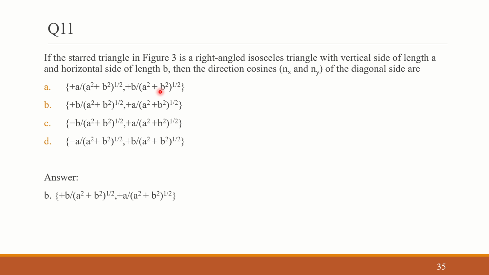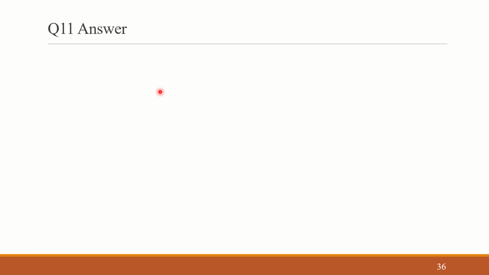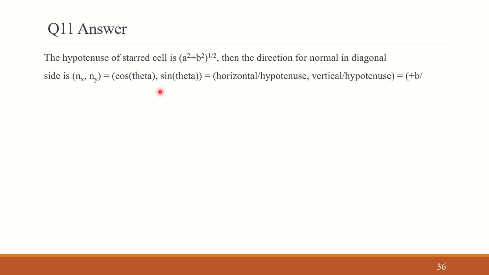So the direction for the normal on the diagonal side is nx, ny equal to cos theta, sin theta. Cos theta is nothing but horizontal by hypotenuse, and sine is vertical by hypotenuse.